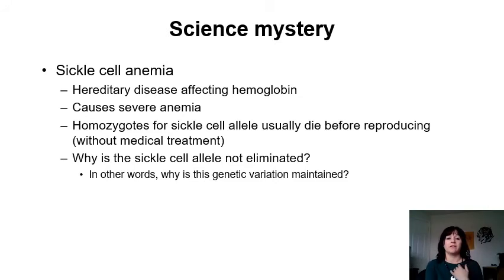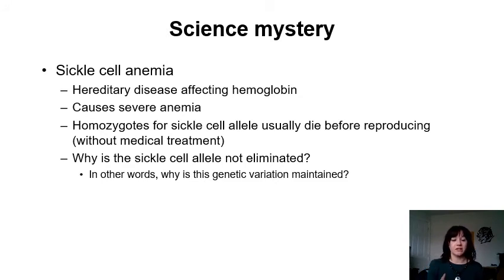And so what happens is people that have sickle cell anemia are going to have severe anemia, so problems with their blood and with their cells basically not getting enough energy, right? And so people that have the sickle cell allele usually don't live very long.